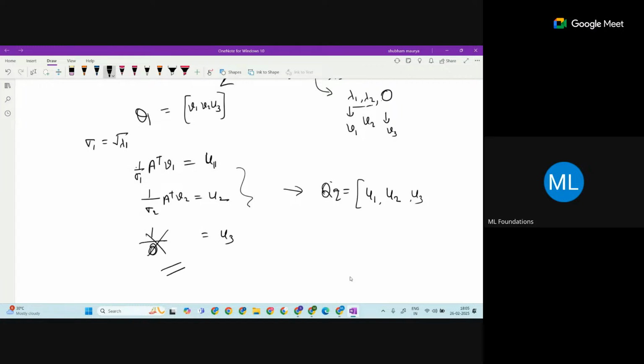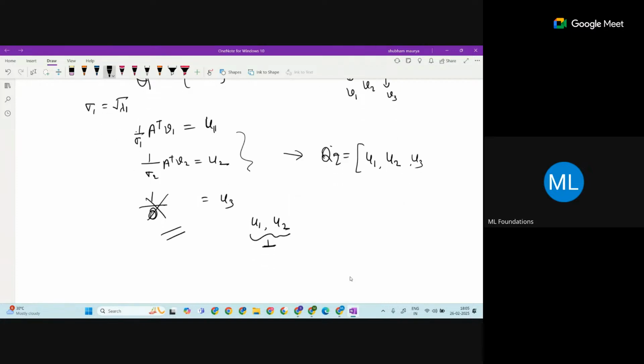So the next step: you have u1 and u2, so find a vector which is orthogonal to u1, u2. Let's say this is our u3, and that is going to be filled here.